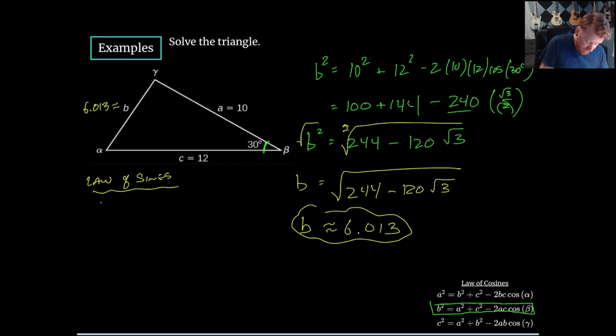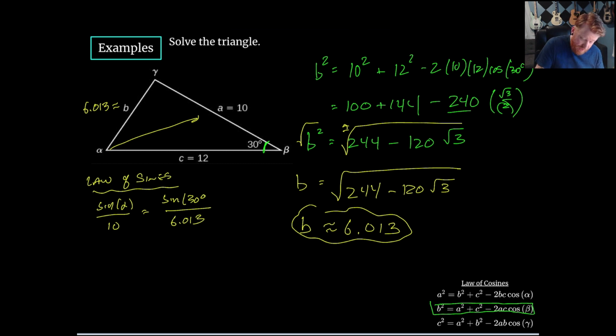We know that sine of alpha is to 10. So alpha is what I'm trying to solve for here. As sine of 30 is to 6.013. That is the new side that we know now. And technically this will be an approximation since I did approximate 6.013, so I should throw an approximation here as well.